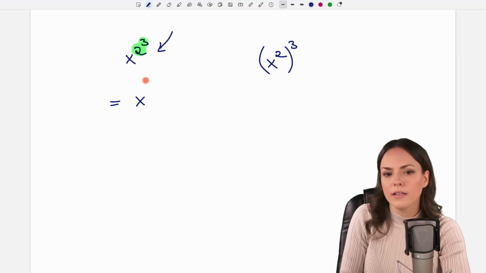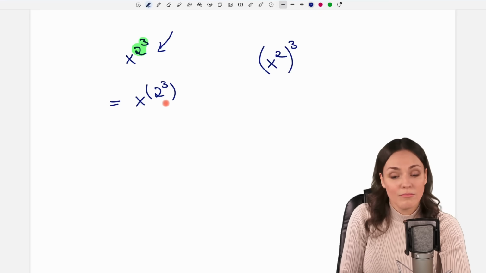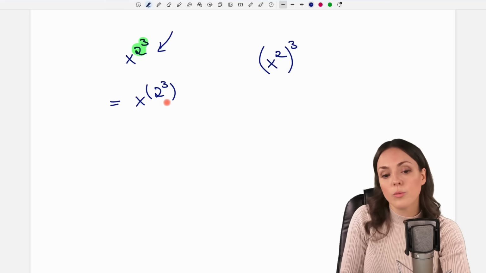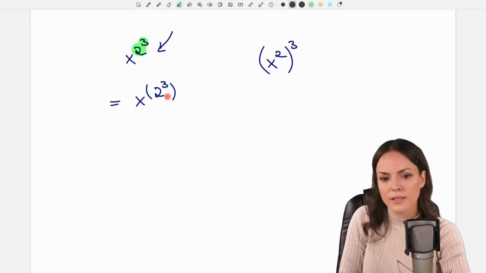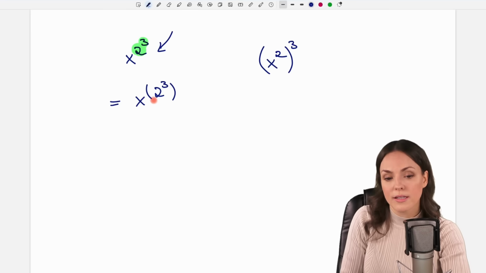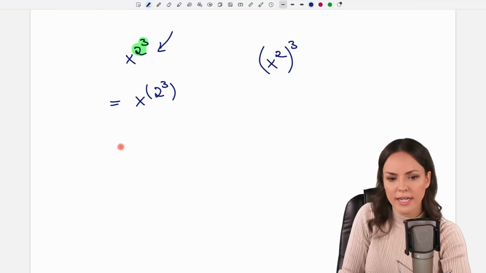We could also make it a little more clearer and write it in parentheses. So if we write the 2 to the power of 3 in these parentheses, this is perfect. So now everyone would know, oh, I have to start here with my calculations. But even if the parentheses are not here, the rule is start from the right.